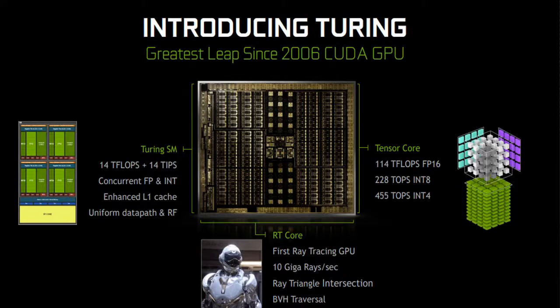Turing represents the biggest architectural leap forward in over a decade, providing a new core GPU architecture that enables major advances in efficiency and performance for PC gaming, professional graphic applications, and deep learning inferencing.